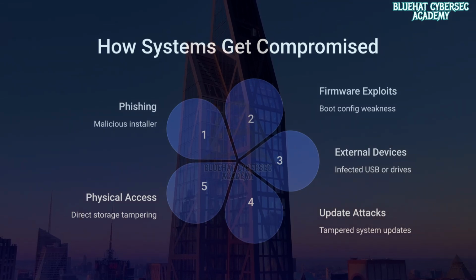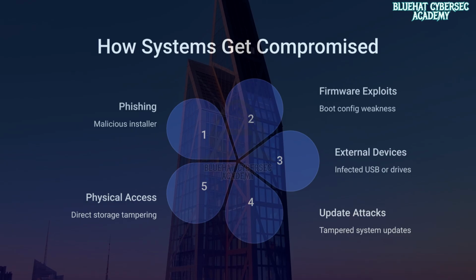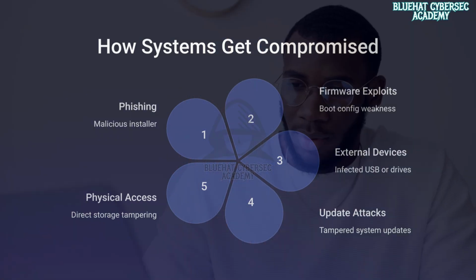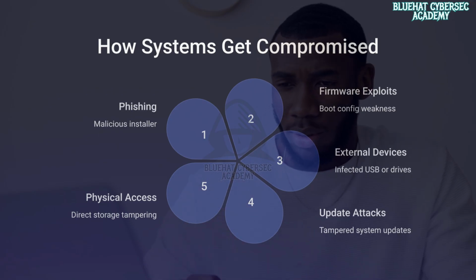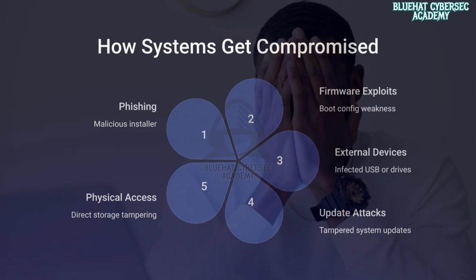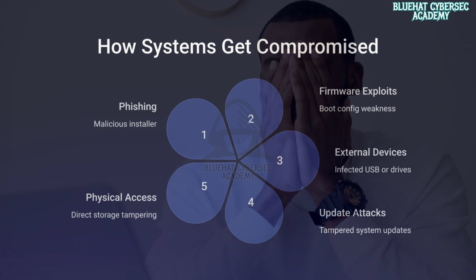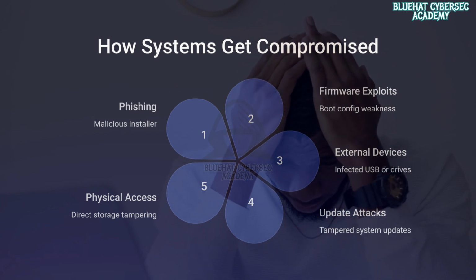Bootloader malware usually doesn't rely on a single method of infection. Instead, it spreads through multiple entry points depending on system weaknesses. In some cases, it begins with phishing attacks that trick users into running malicious installers with administrative privileges. In others, it exploits vulnerabilities in firmware or boot configuration systems.